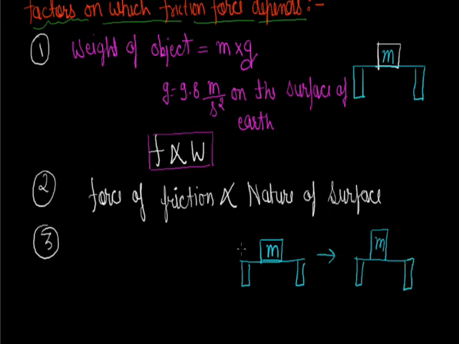In which condition will the force of friction be greater? When we calculate the force of friction, we find the force of friction in both cases will be the same. So we can say force of friction does not depend on the contact area of surfaces.